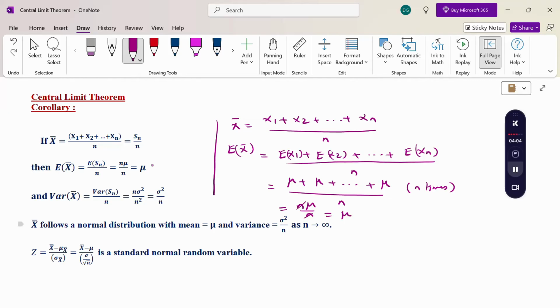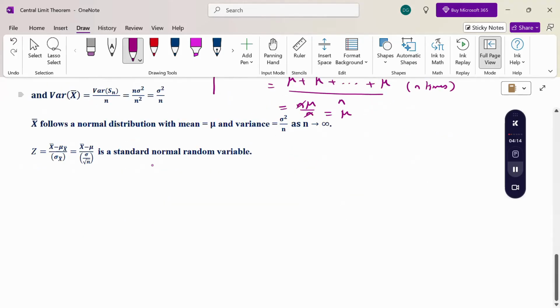Therefore this term is nothing but n mu by n, equal to mu. So E of X bar equals n mu by n, equal to mu. Then the variance. Variance of X bar is the variance of X1 plus X2 plus X3 up to Xn by n.